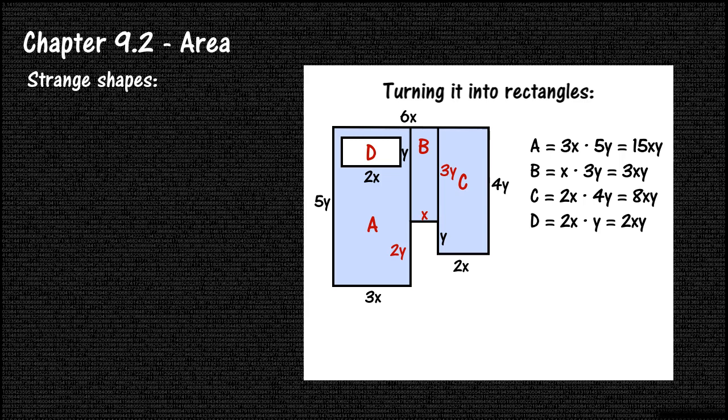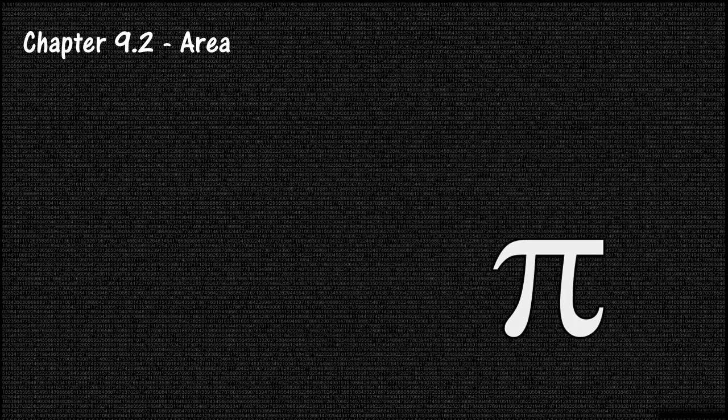To calculate the area of the colored shape, add the first 3 rectangles together and then subtract the area of rectangle D, meaning the total area is equal to 15xy plus 3xy plus 8xy minus 2xy, which is equal to 24xy.